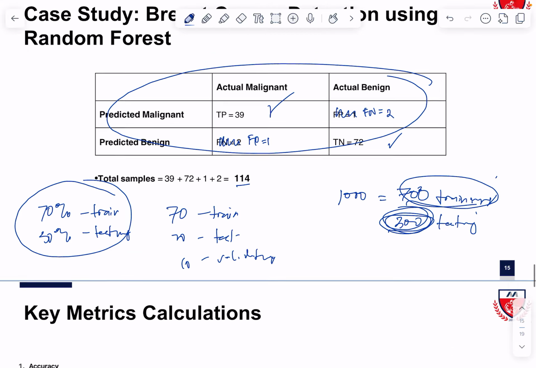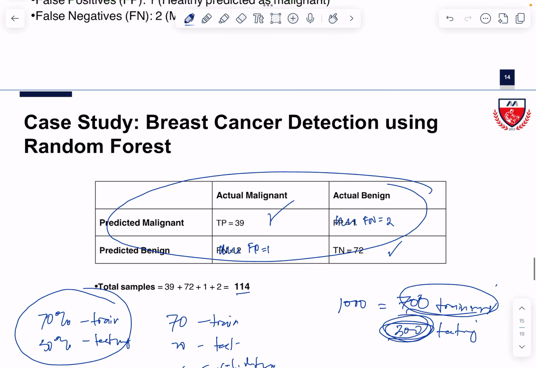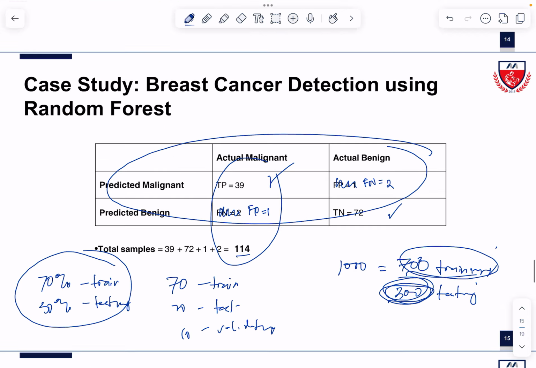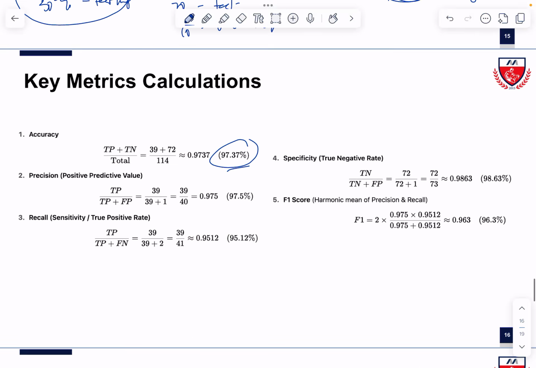Precision naman is TP over, I may mention earlier, not TP over TP plus FP. This is the precision. Okay, that gives us the 97.5. The recall of 95.12 is quite high, right? Everything is quite high. The specificity is the true negative, that's 98.63, and the harmonic mean of 96.3.